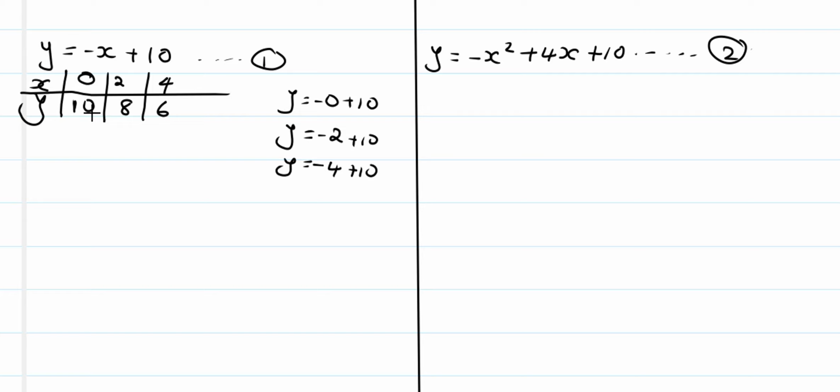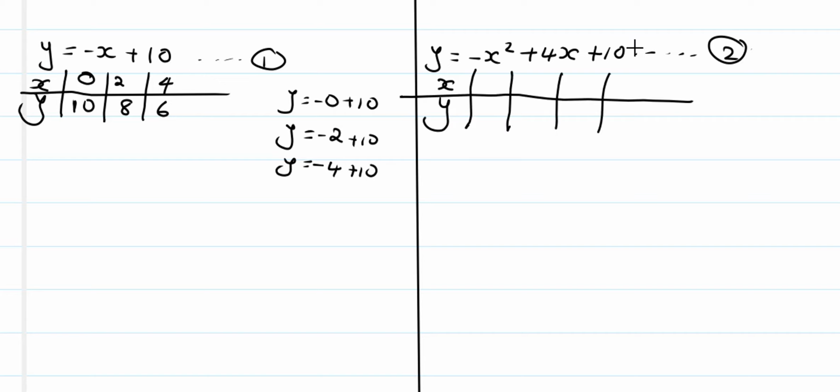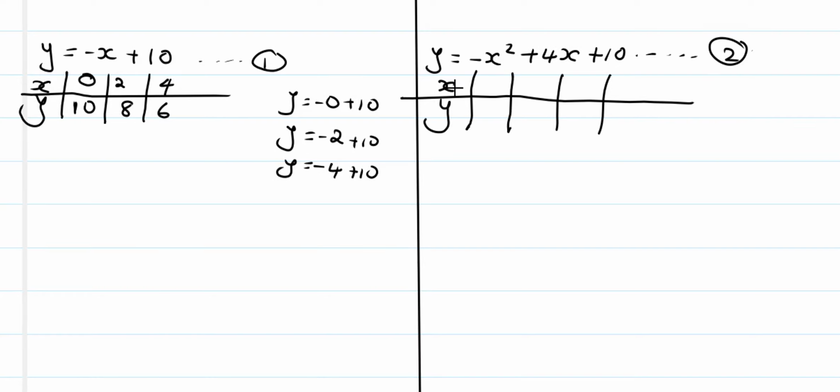But before we do that, let's also repeat the same process for this quadratic equation. I start with x, then y. I need 3 points for x so that I can calculate the points for y. Let me first guess x is 0.